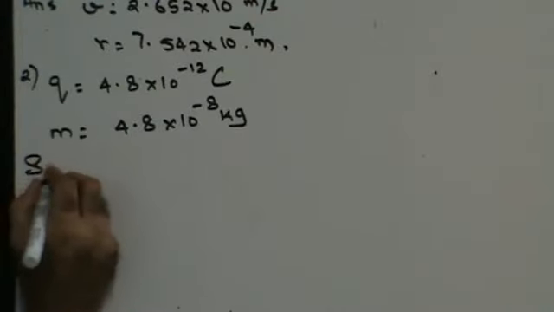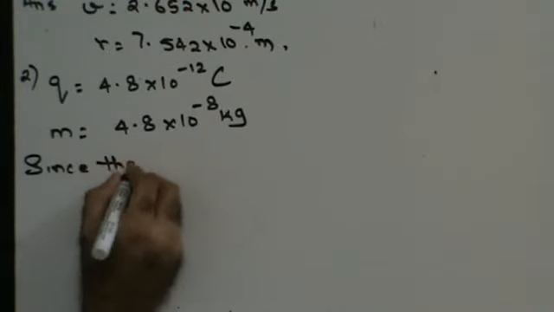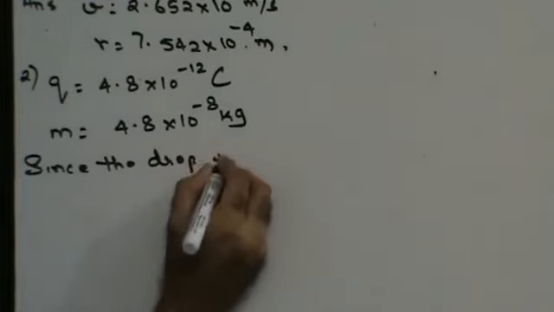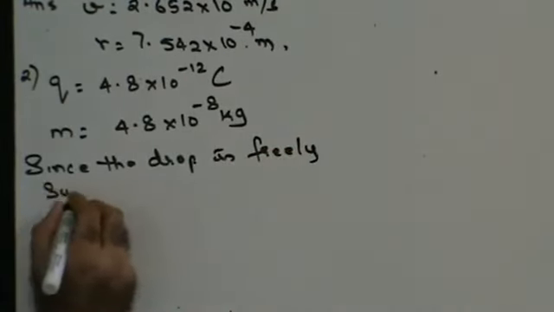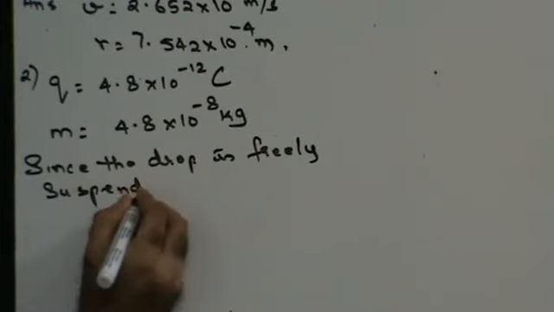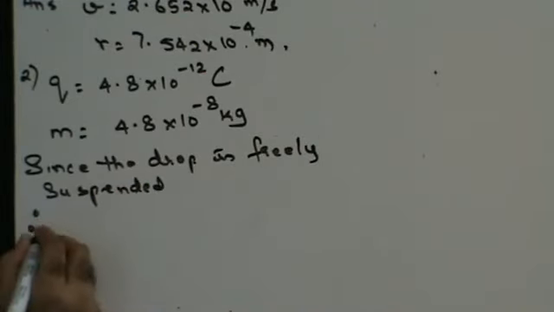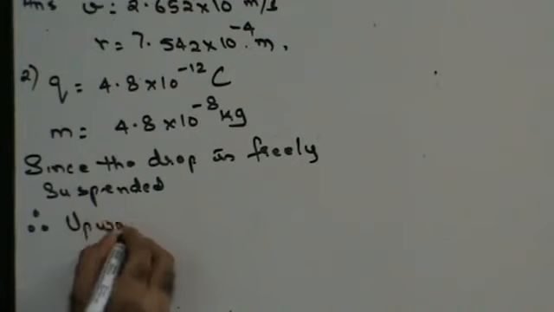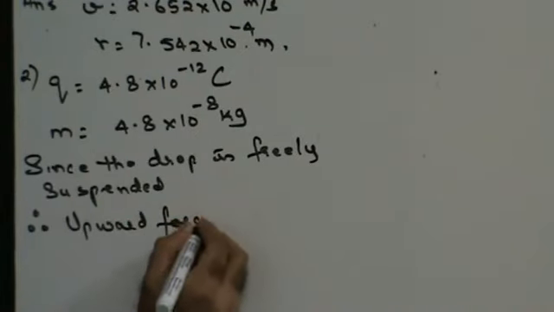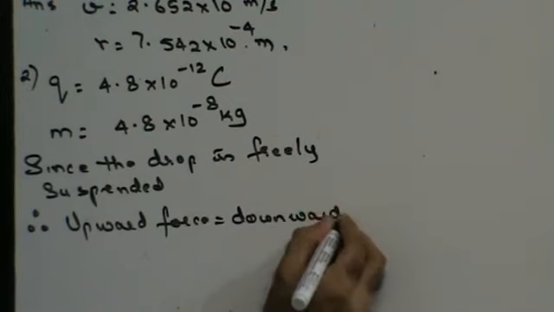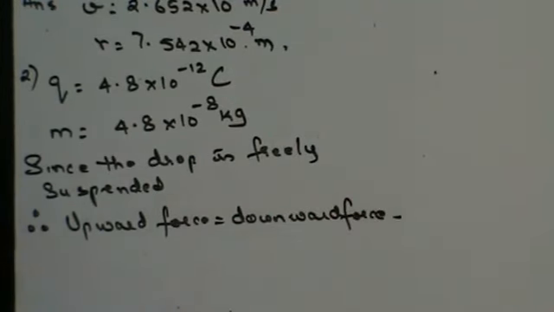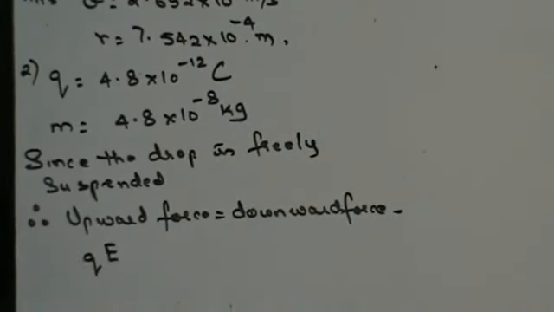Now guys, since the drop is freely suspended, therefore the upward force should be equal to the downward force, right? The upward force is going to be provided by charge into the strength of the electric field.